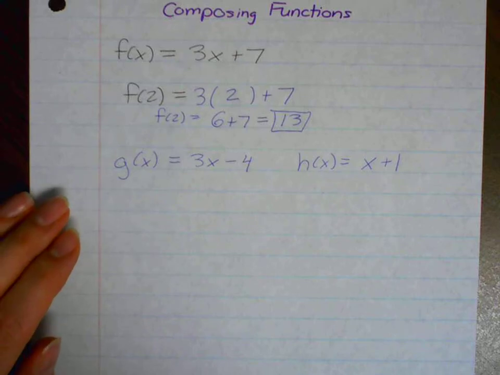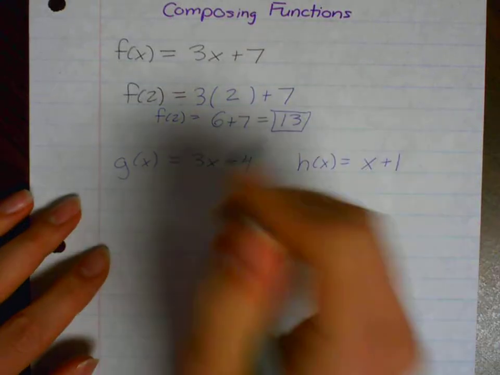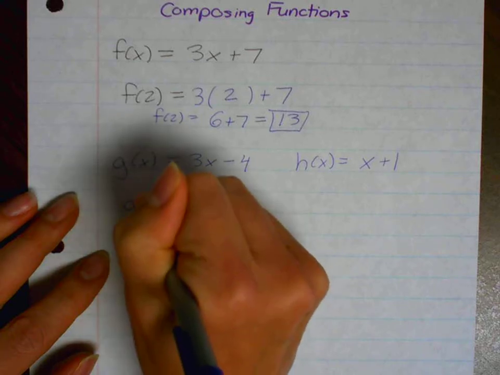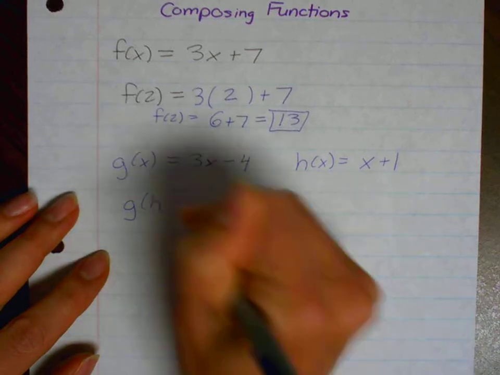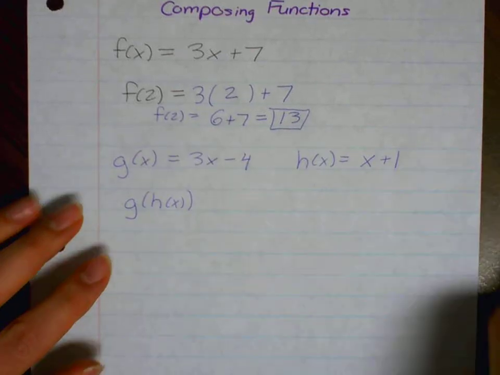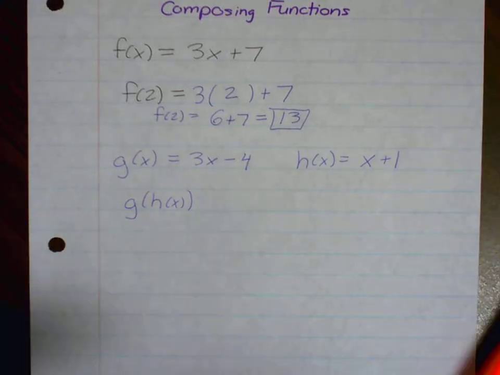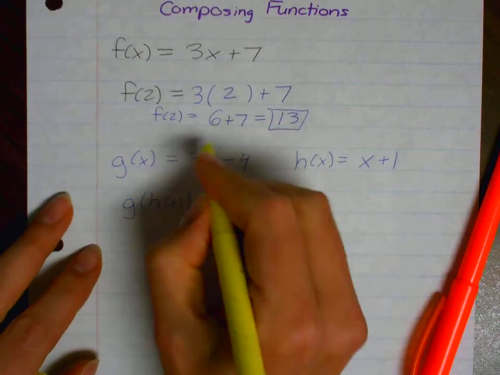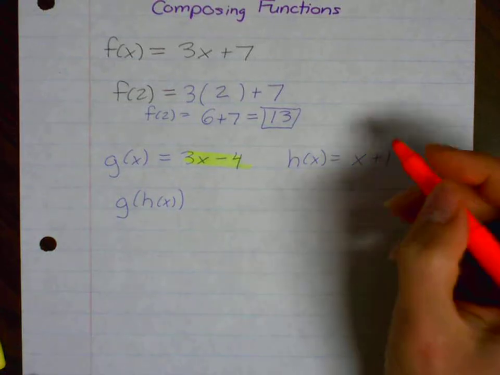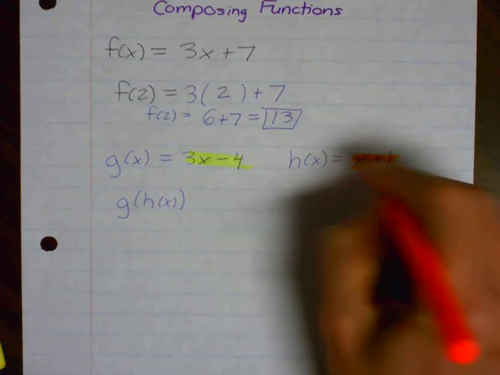So now we might be given something like find g of h of x. So we're going to color code a little bit here. Let's make g of x yellow, and let's make h of x orange.